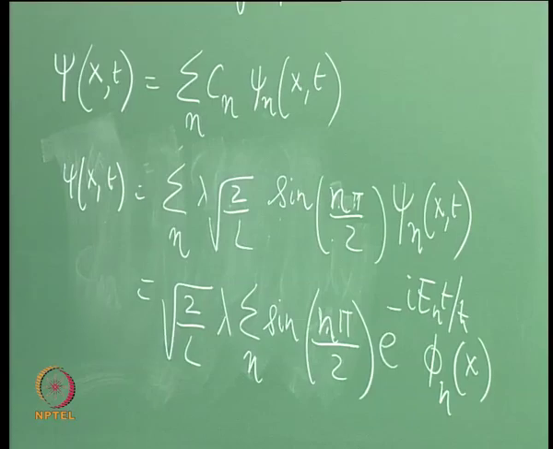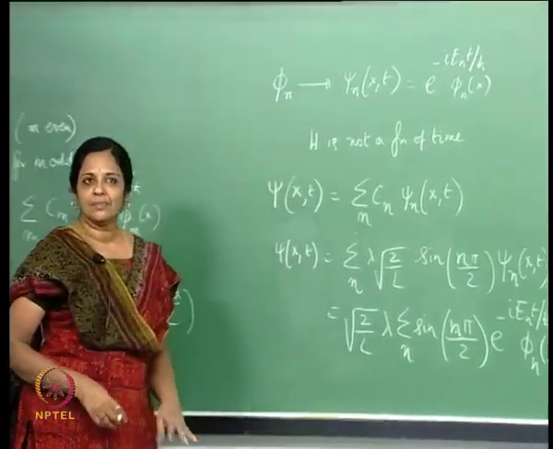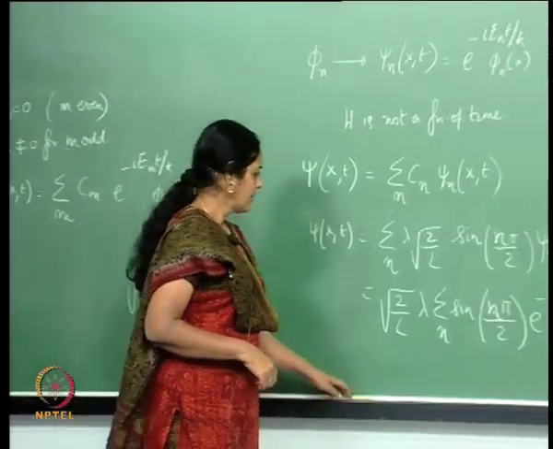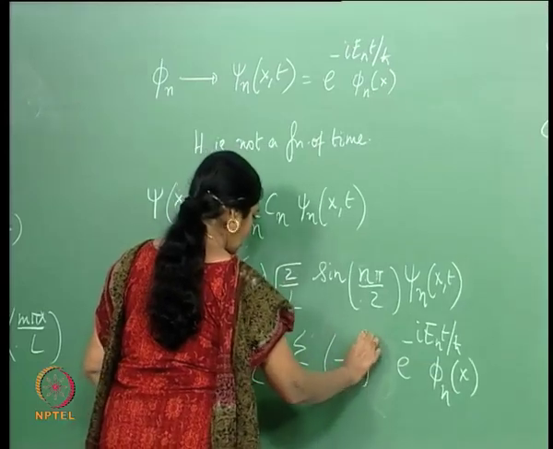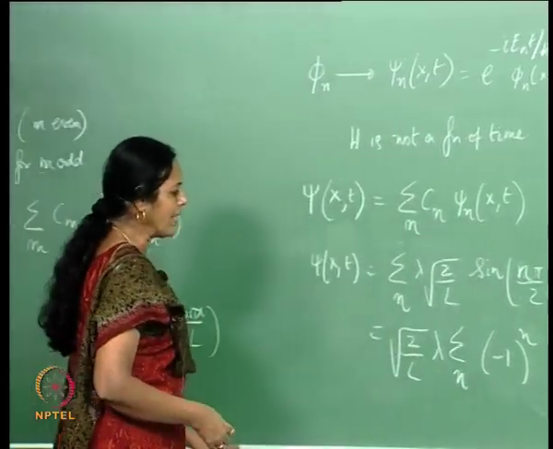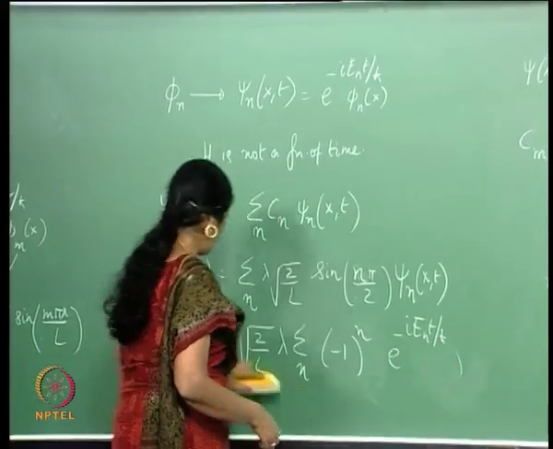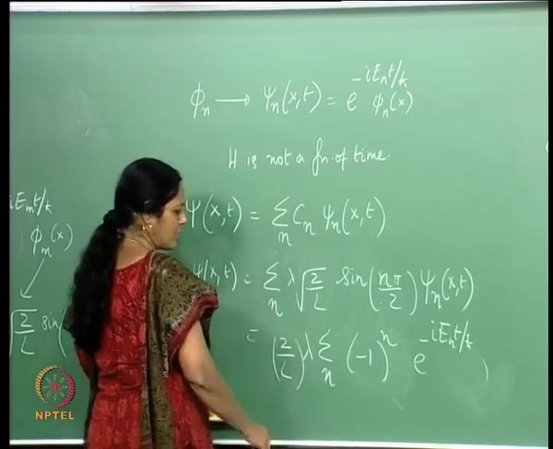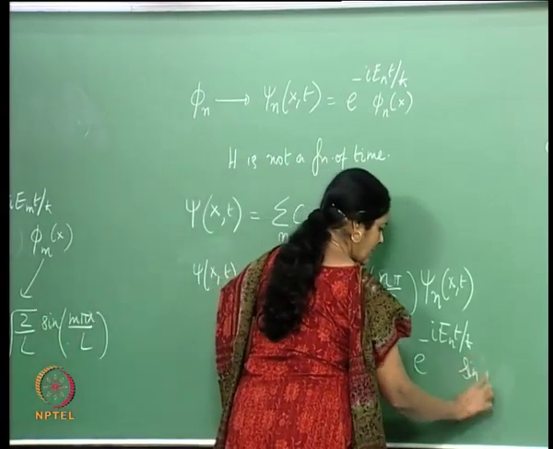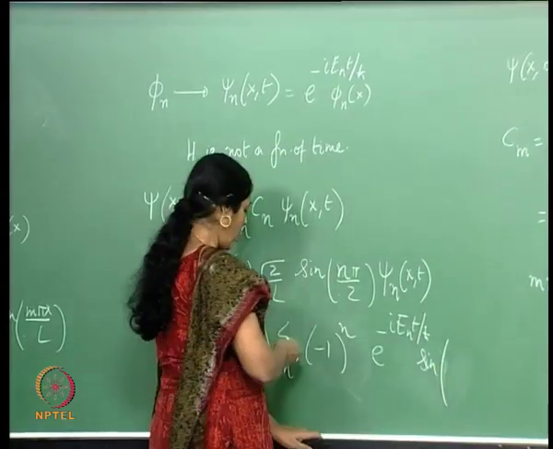But you can already see what this is going to be. Sine n pi by 2 is minus 1 to the n. If I also substitute for phi n of x, I pick up a 2 by L here times lambda, sine n pi x by L only for n odd.